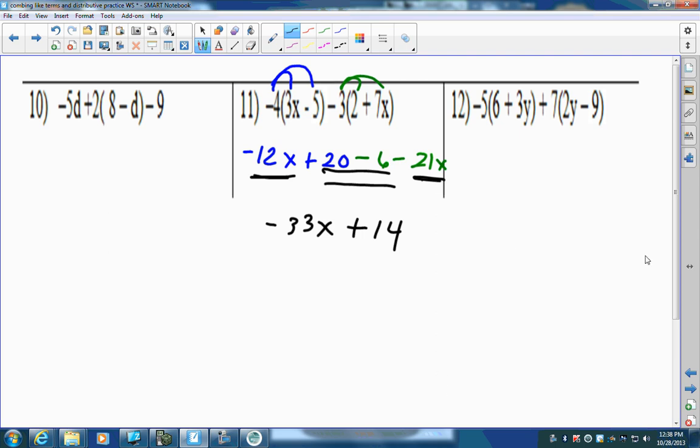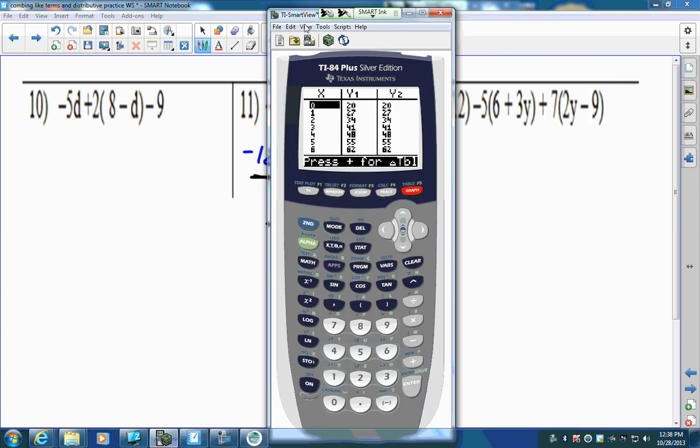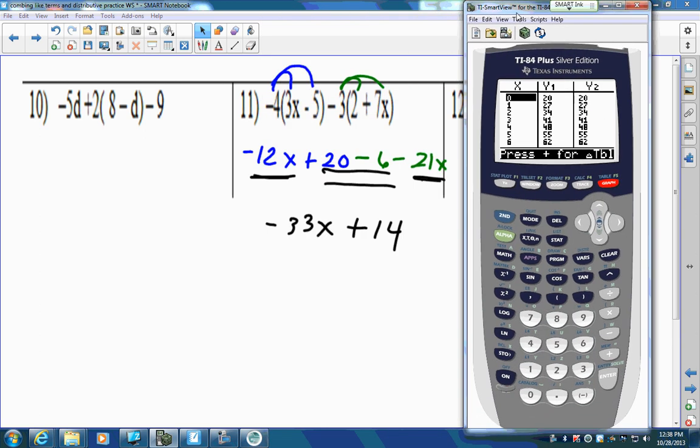Now, when you're checking in the calculator, be very careful of the signs that you use. Okay. So now when you go in there and you look into y equals, when it's in the very beginning, that's a negative 4. Parentheses, 3x. In between the terms, that's a minus sign.